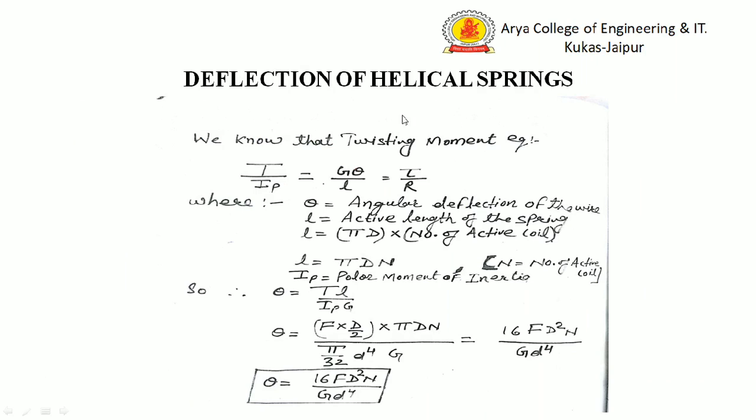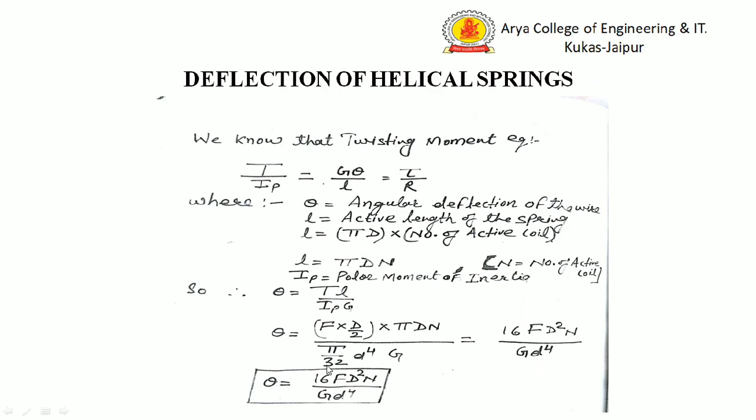Now the deflection of the helical spring. We know that the torsion equation is T upon IP is equal to G theta by L is equal to tau by R, where theta is the angular deflection of the spring wire and L is the active length of the spring.